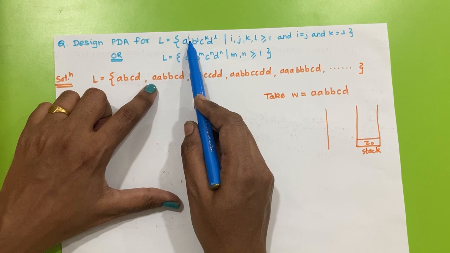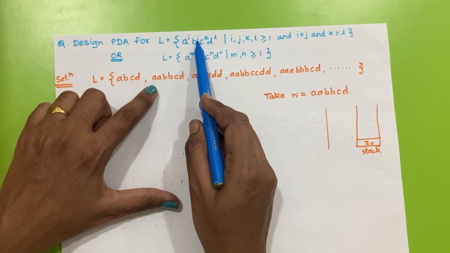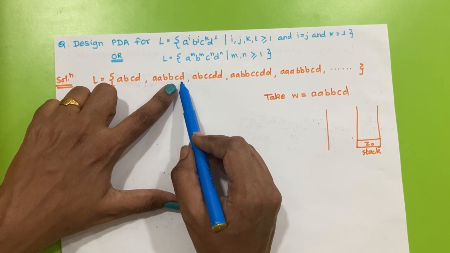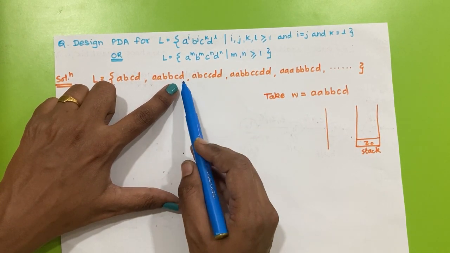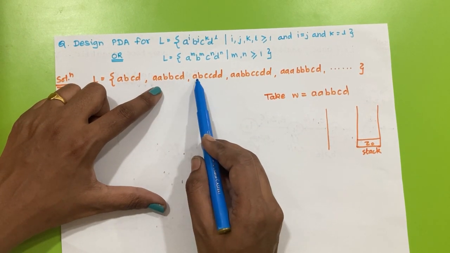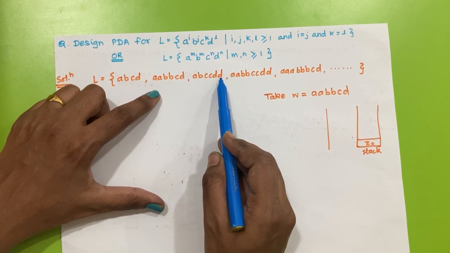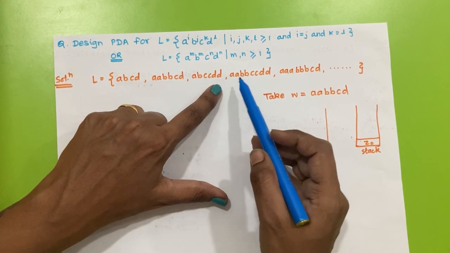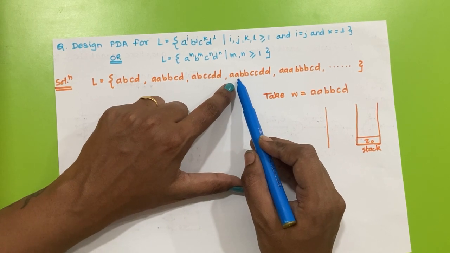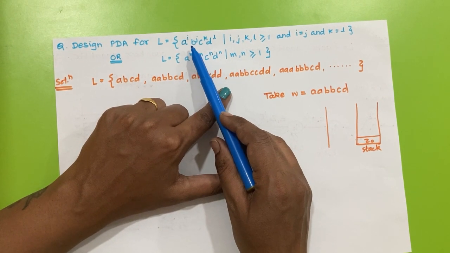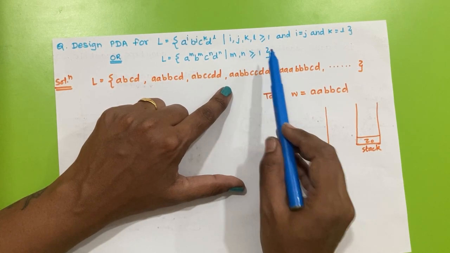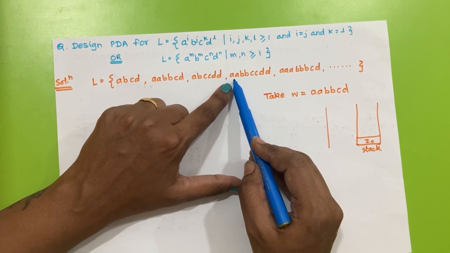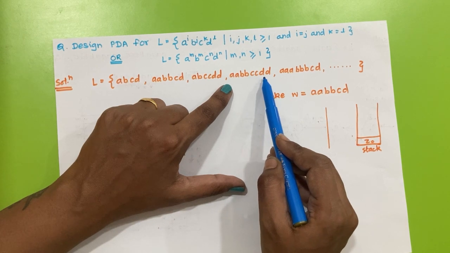Here I have taken value of i and j equal to 2 and value of k and l equal to 1. Opposite can be the case, that is ABCCDD can be the string, or we can have the string where all i, j, k, l are taking value 2. So the string formed will be AABBCCDD.